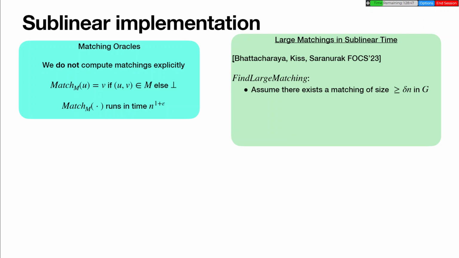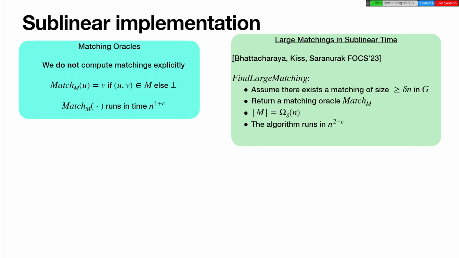Whenever there exists a matching of linear size, so of size delta n for some constant delta, they return a matching oracle for a matching that is also linear size. Of course, it shrinks, it is not as big as the one that is promised to exist, but it's still linear size. And their algorithm runs in time n to 2 minus epsilon.